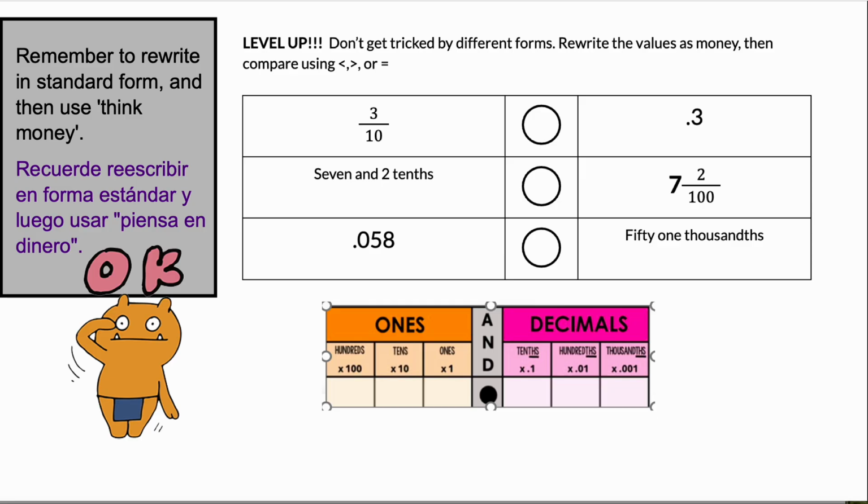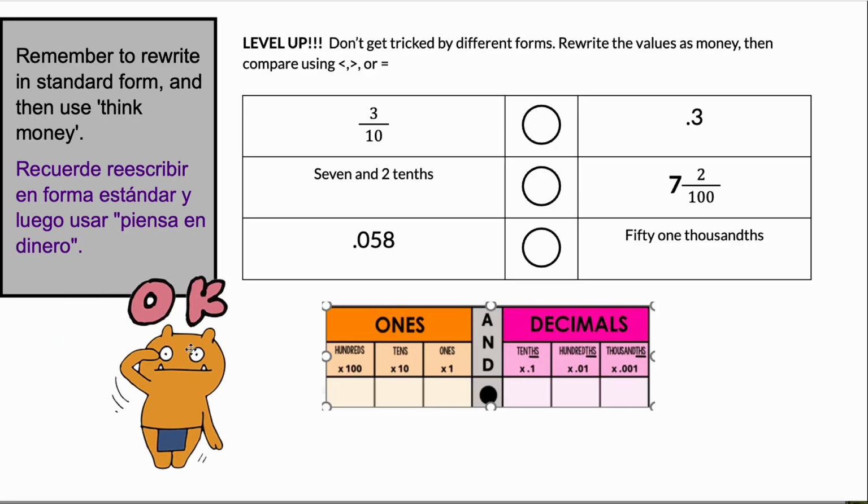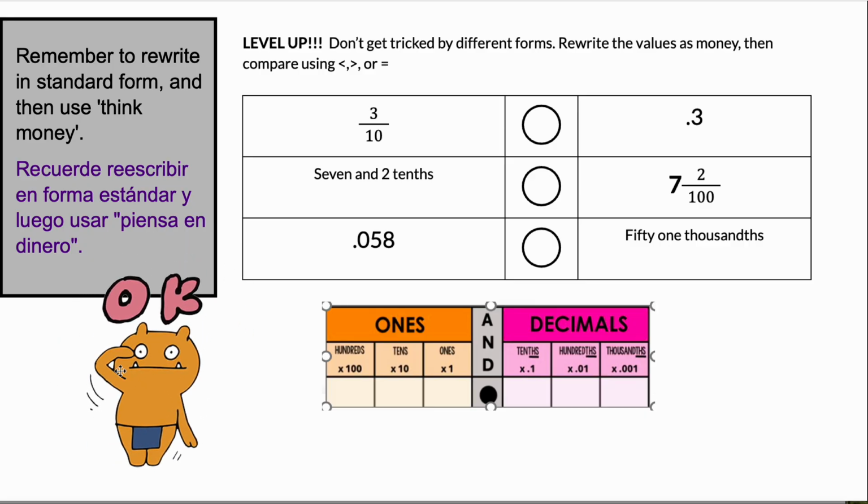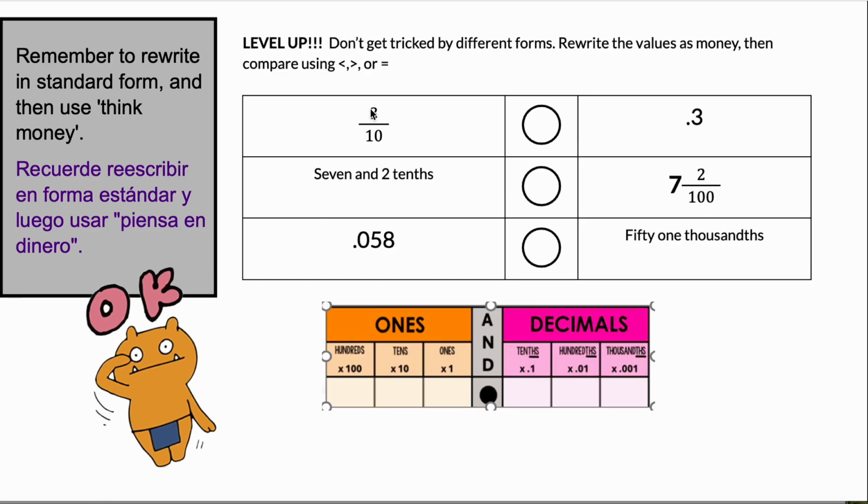All right, let's move into some homework help. Remember to write in standard form and then use think money. Okay, so here we go. Level up. Don't get tricked by different forms. Rewrite the values as money and compare. So if I say this is 3 tenths, well, that's like saying 3/10 is 3 dimes. 3 dimes is equal to 30 cents.